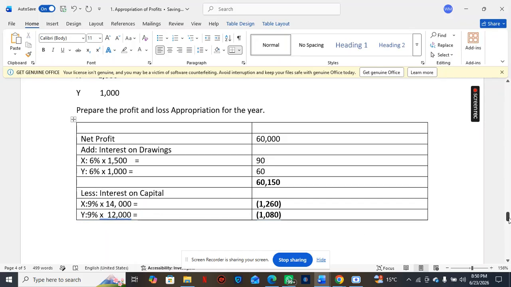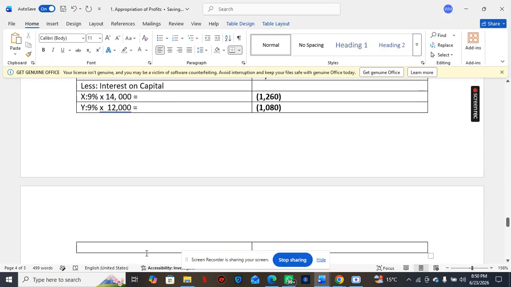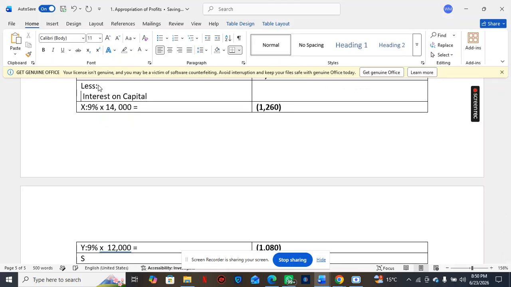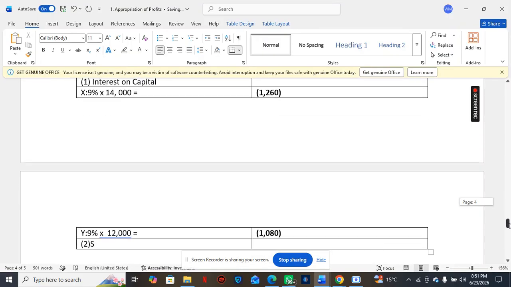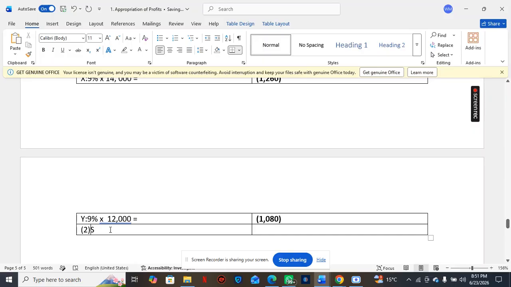Then also we have to deduct salaries. Mr. X has a salary of 20,000.